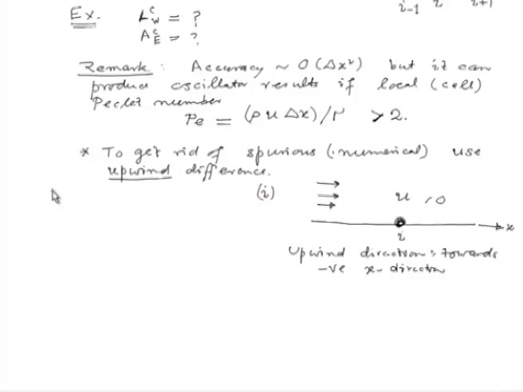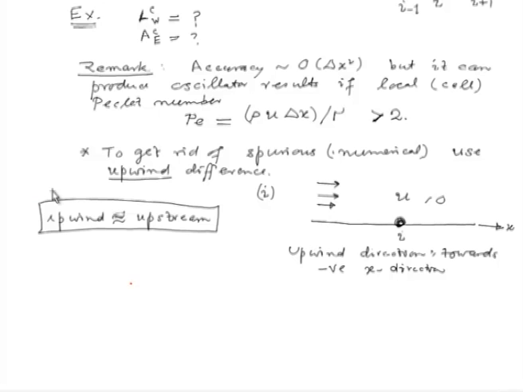Now, in this case upwind difference schemes would involve values at the nodes which are not towards the right, but instead they are towards the upwind or upstream side. Some people also use, in place of upwind, this term very often, upstream. Both are synonymously used.